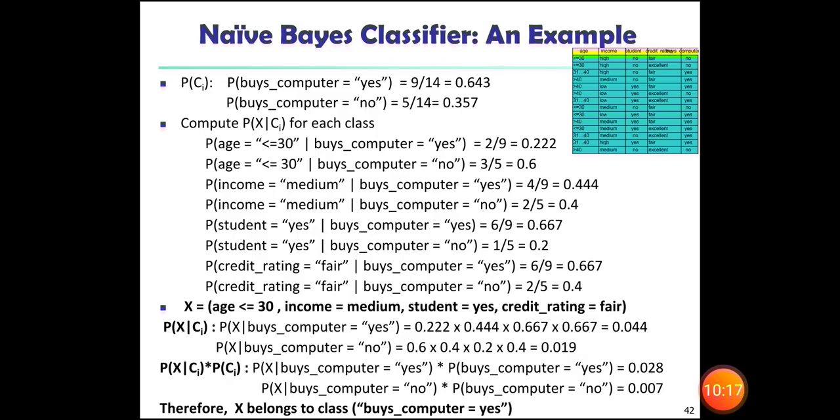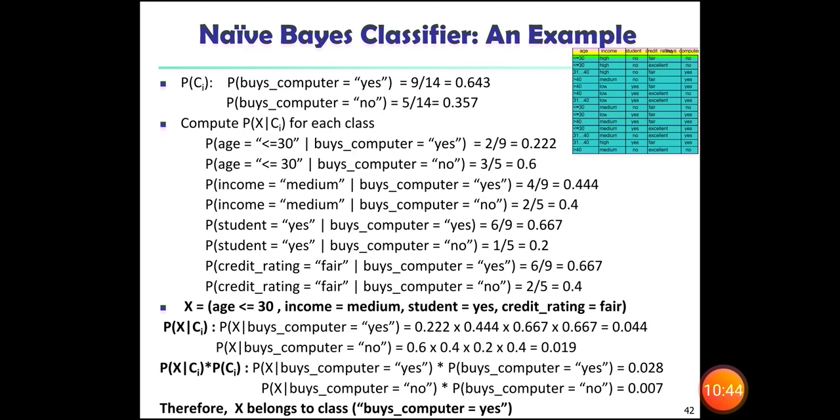The same way, X is nothing but all the labels included. So for P of X where the status is no, wherever we found the value for no status, all the values will be taken and multiplied, and finally we will get 0.019. So this is for P of X given Ci.